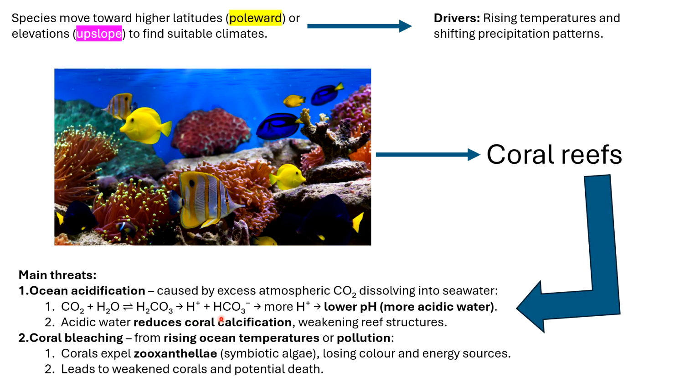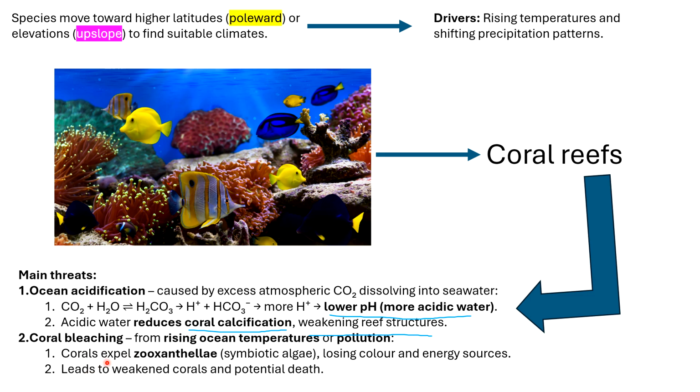When there are a lot of hydrogen ions, this lowers the pH of the water and makes it more acidic. And because the water is more acidic, this reduces something called coral calcification. So lower pH, more acidic water, and this weakens the reef structures, affecting the ecosystem.